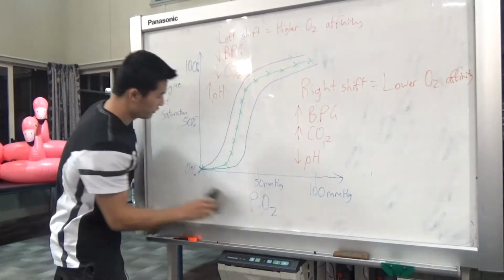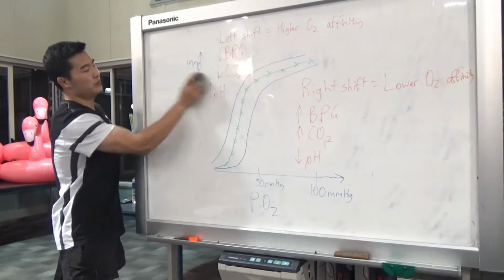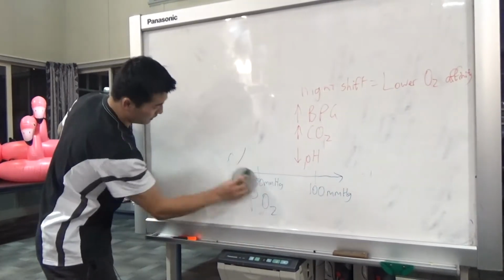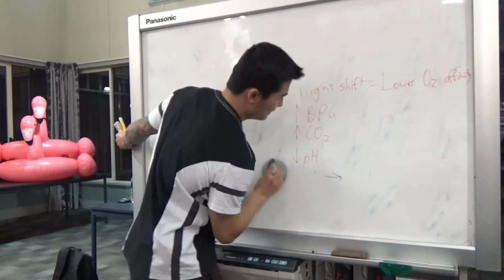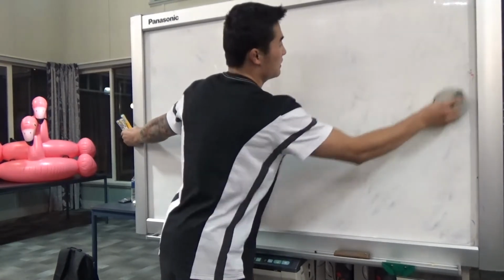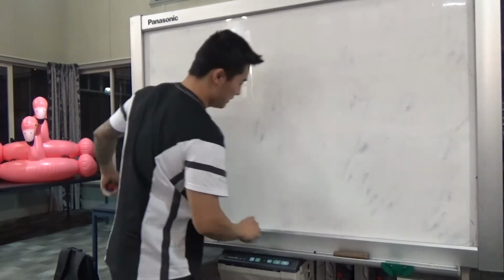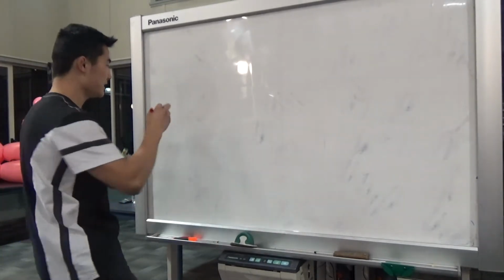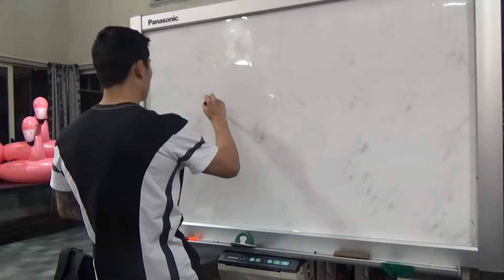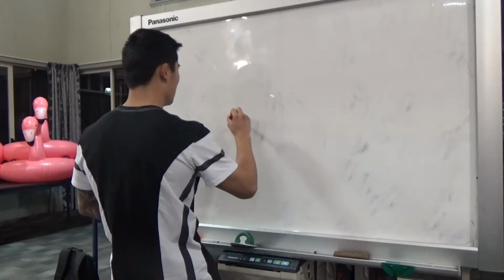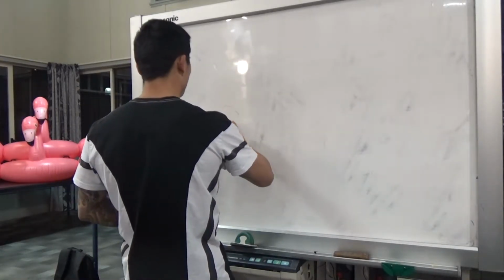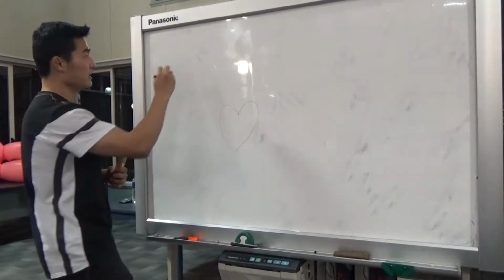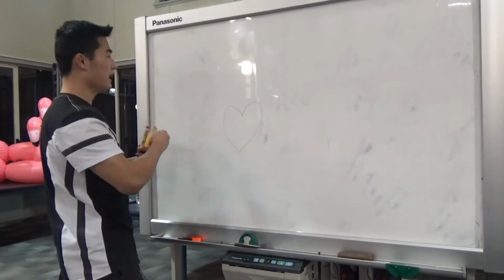So now we're going to draw a little diagram. Okay, so I'm going to draw a heart. So here's our heart, and then we have our lungs.